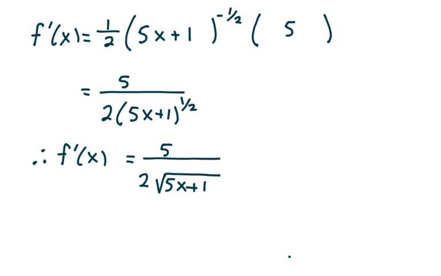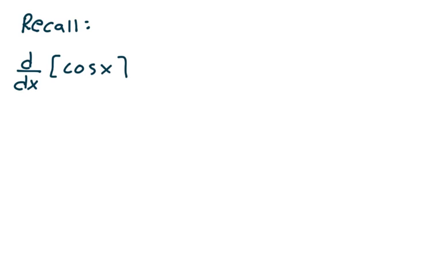Now, before we embark on examples 4 and 5, I want you to recall the following. I'm going to go over one specific rule here. So the derivative of cosine of x with respect to x is equal to negative sine of x.